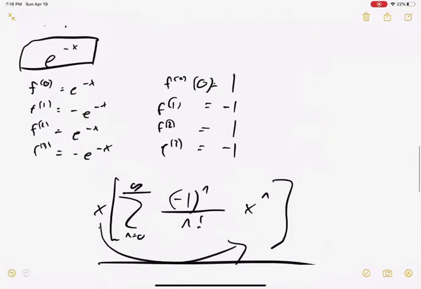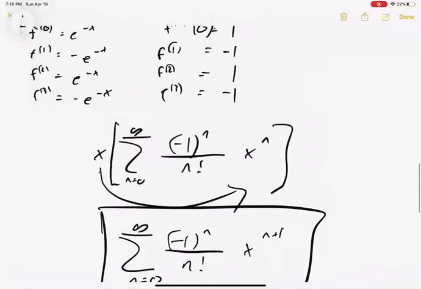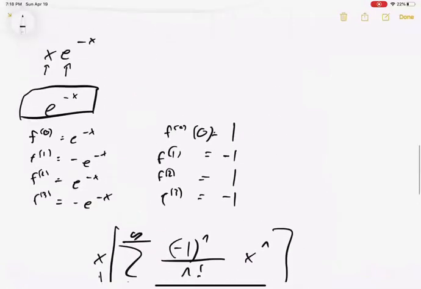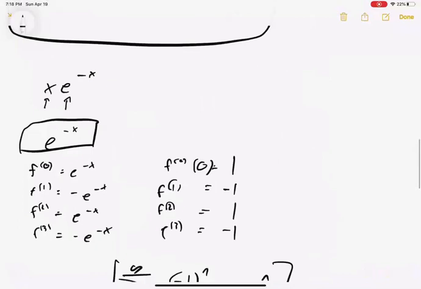So that saved us a lot of time, okay? It would have been really nasty if we did product rule, just as an example. If I did product rule on this to find all my derivatives, the first derivative would be e to the negative x plus, or excuse me, so this would be our f0, f1.